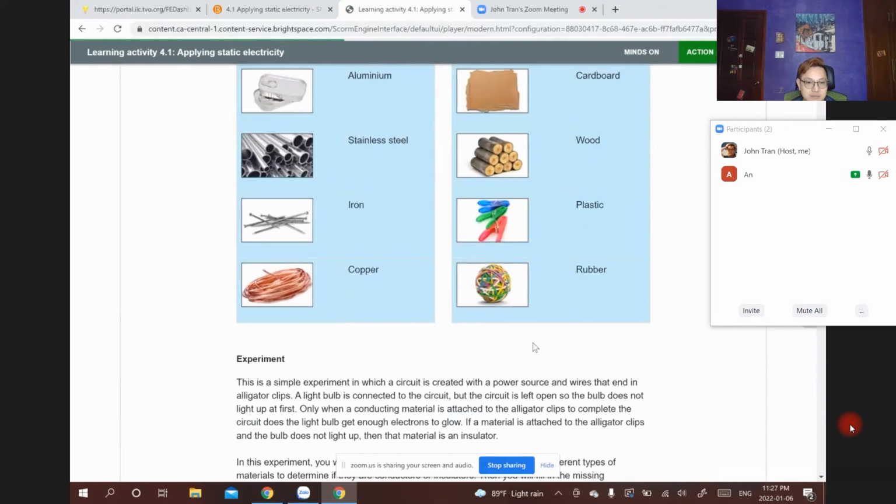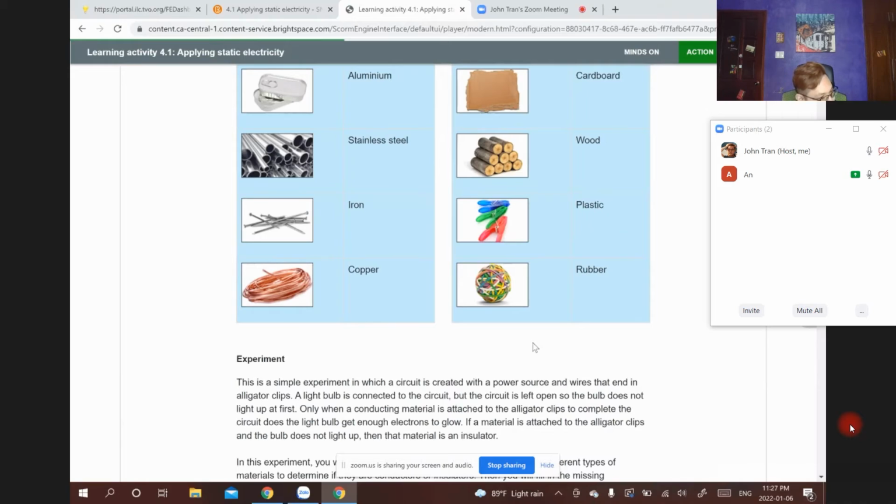Experiment: this is a simple experiment in which a circuit is set up with a power source and wires that end in alligator clips, like a clip that looks like an alligator.